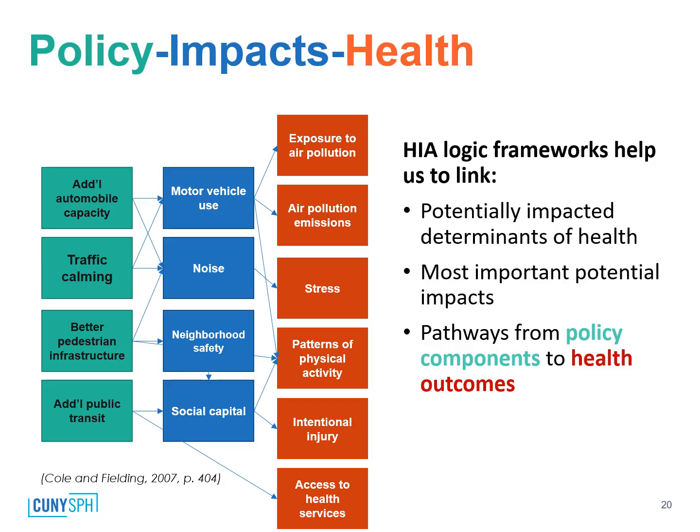This slide illustrates how health impact assessments link policy components to health outcomes. This is a logic framework that uses transportation policies as an example. So we can see how transportation policies affect motor vehicle use, neighborhood safety, and social capital, for example, and in turn, these influence exposures like air pollution, noise, and stress, and shape physical activity, injury risk, and access to services.